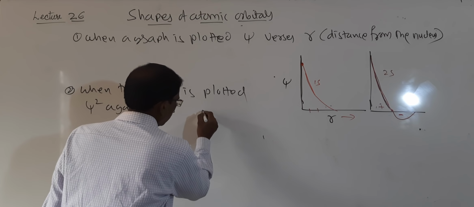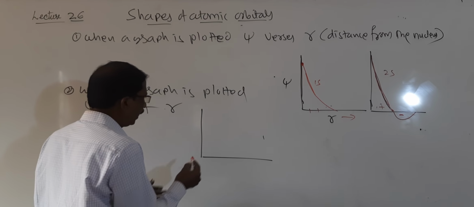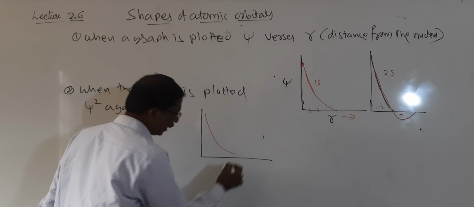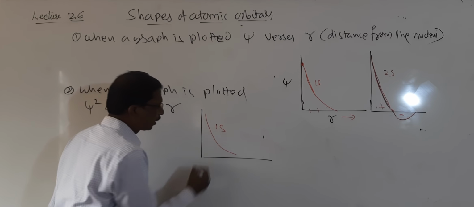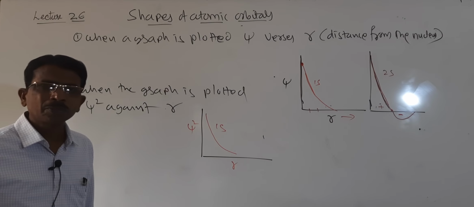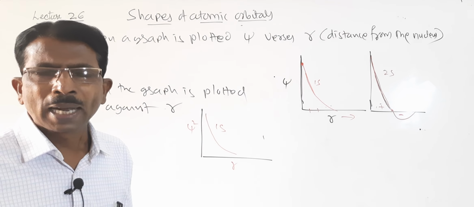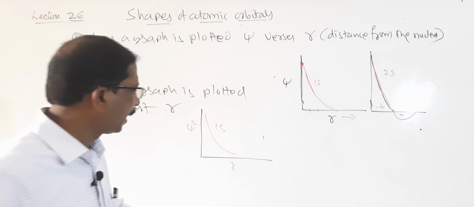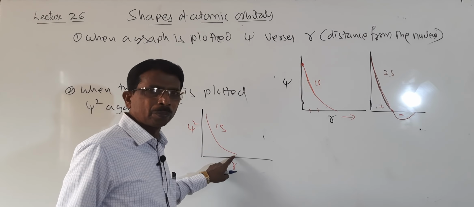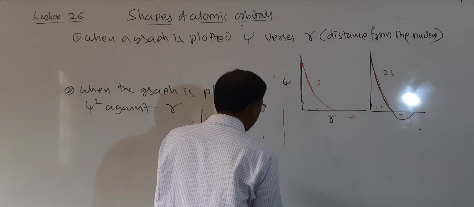Look here, number 1, for 1s, it is psi square against r. The probability of finding the electron is maximum at the nucleus and it decreases sharply, and it does not reach 0.